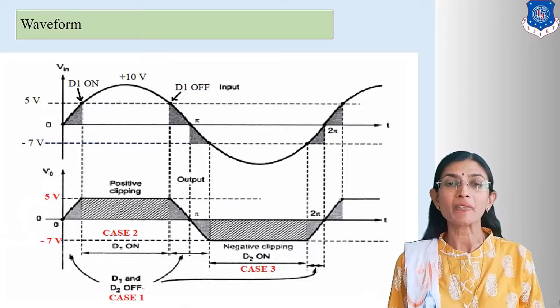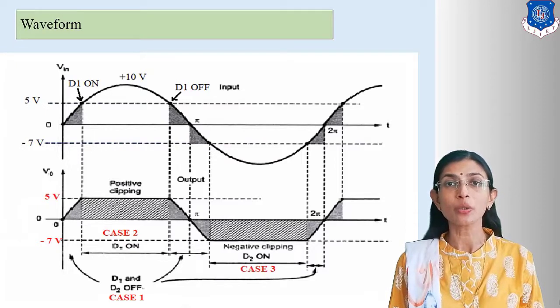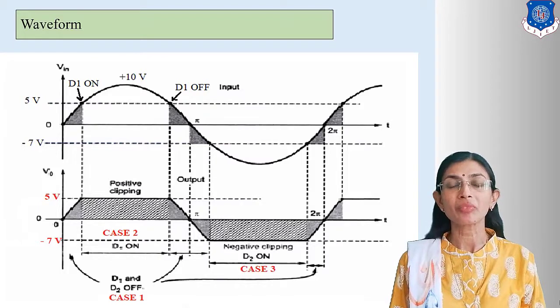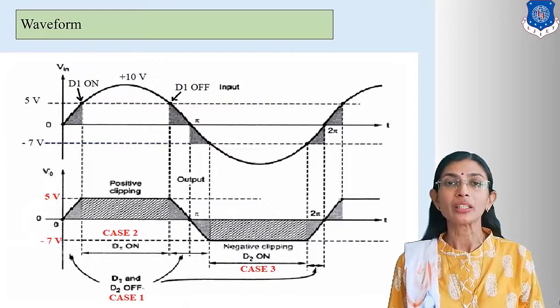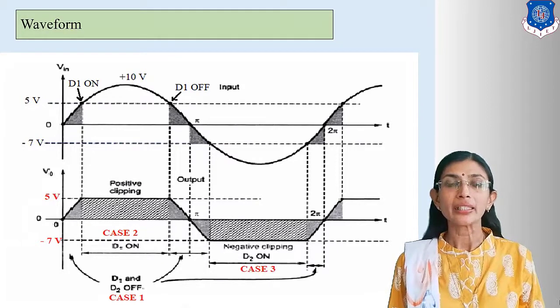Similarly, for negative half cycle, when V input is more negative than minus 7 volt, D2 will be on, D1 is already off, but D2 is a closed switch, so minus 7 volt constant appears at the output, and thus we are getting the negative clipping at the output. Thus, using this circuit diagram with two diodes and two reference voltages, we are getting two-way clipping at the output waveform.